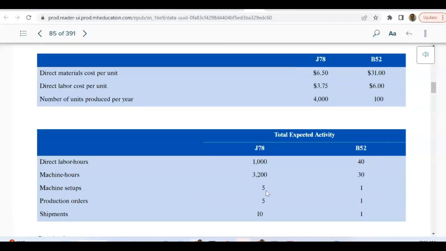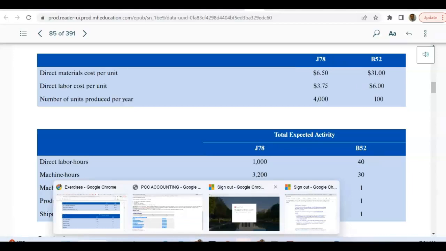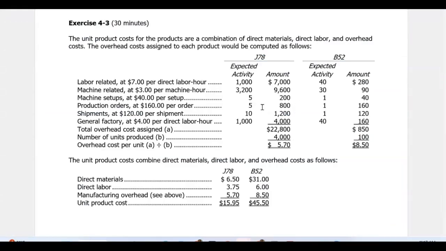For machine hours, machine setup and orders and shipment, we're going to do those two. So here we go. For machine setup, 5, production order 5. So 5 times 160 is 800. For shipment it is 10 shipments. 10 shipments times $120 per shipment.